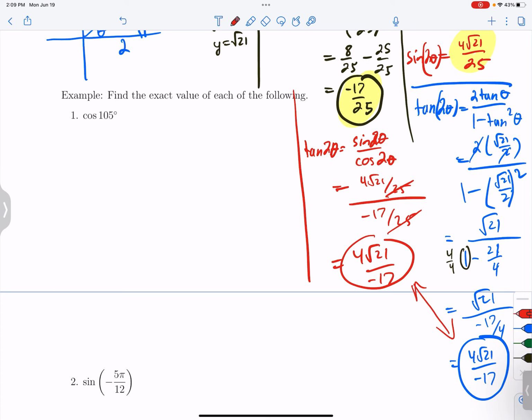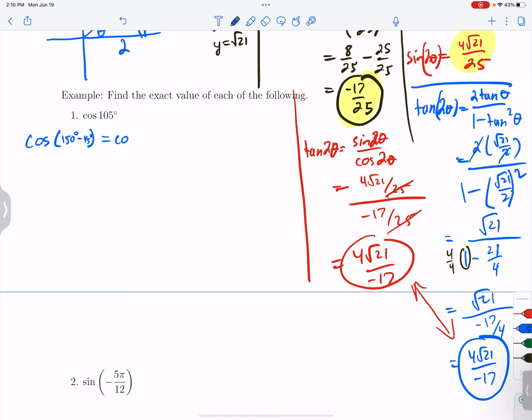All right, couple more examples here. Find the exact value of the following. Cosine of 105 degrees. This looks like a sum or difference question. Remember, we want to split up 105 degrees to be 2 angles that add or subtract to 105. I'll do this as a difference, 150 minus 45 degrees.